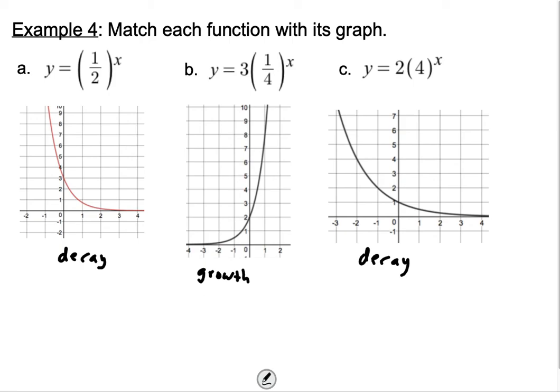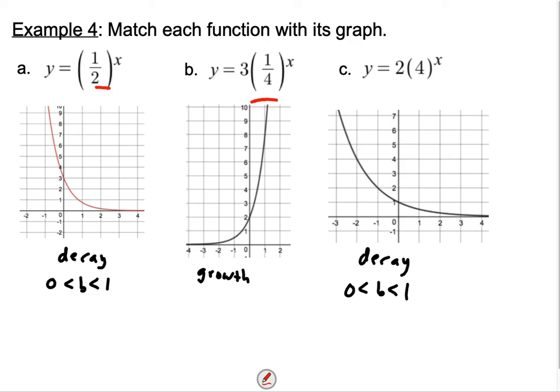So we know that our B value for a decay graph should be somewhere between 1 and 0. And so looking at that, we know that our B value here is 1/2, and our B value over this other one here is 1/4.